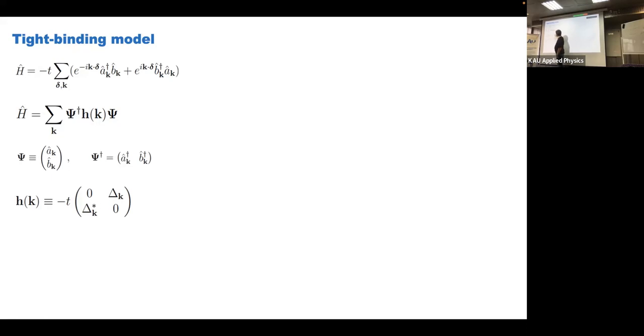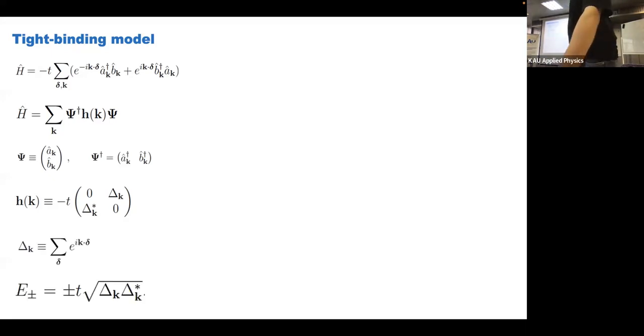If I multiply them, I will get the same thing because it's a matrix. And I can say that in very general form, this small Hamiltonian in our Brillouin zone will look like this: some delta k and delta k complex conjugated.